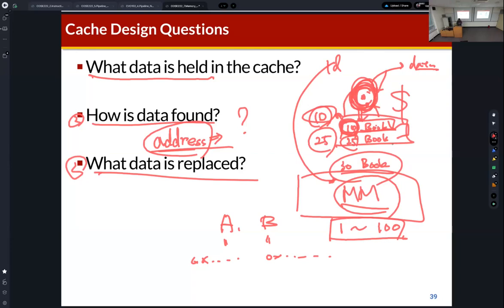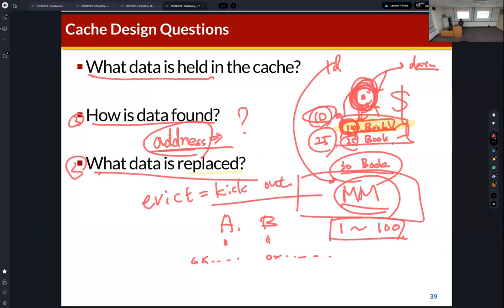There is no empty space in the cache. Then we need to kick out one of these books. So we need to decide what data is replaced, what data will be kicked out from the cache. This is called eviction. Evict actually means kick out, so the meaning of eviction is kick out.